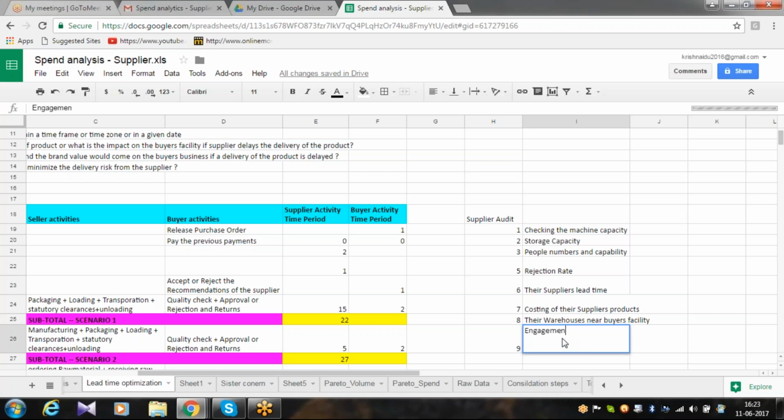Engagement patterns with their suppliers, I mean contracts.